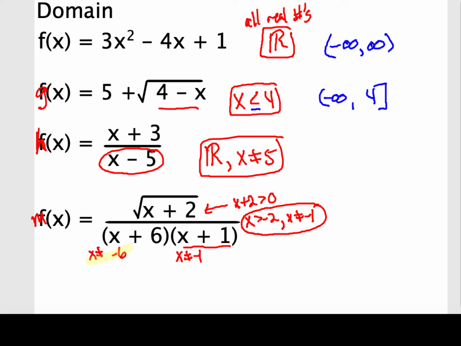Then we want all real numbers, not 5. Well, think about it. I want to go from negative infinity to infinity, but I don't want to include 5. So when I get to 5, it can't be included. Or when I started from 5, it couldn't be included. And then what we'll do is we'll say union with.